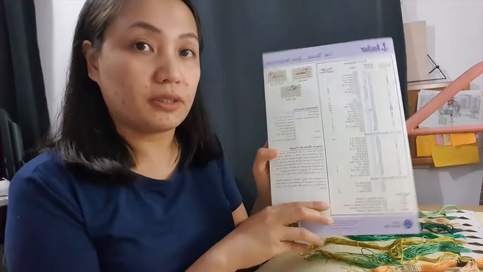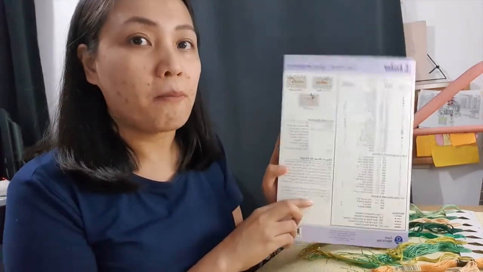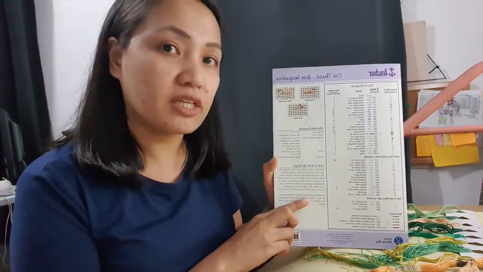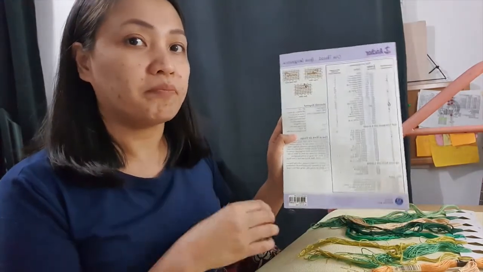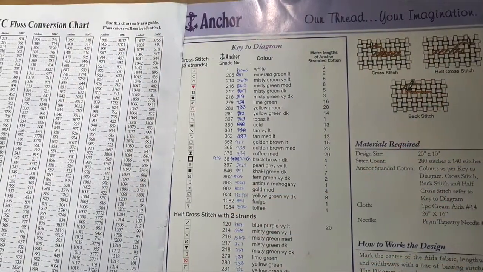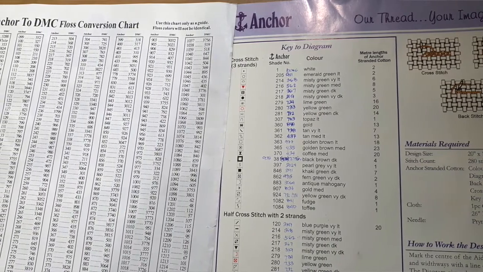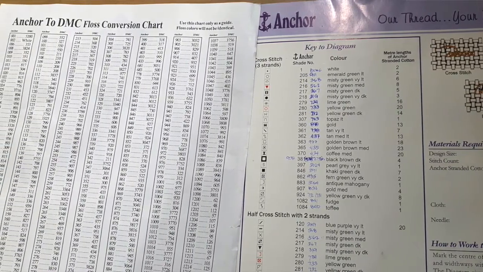Also, my pattern indicates an Anchor shade number, but Anchor shades are no longer sold in my preferred store. So what they do is they converted it to DMC shade numbers. They have what we call the Anchor to DMC floss conversion chart, wherein it will show you the Anchor number and its equivalent DMC thread number.